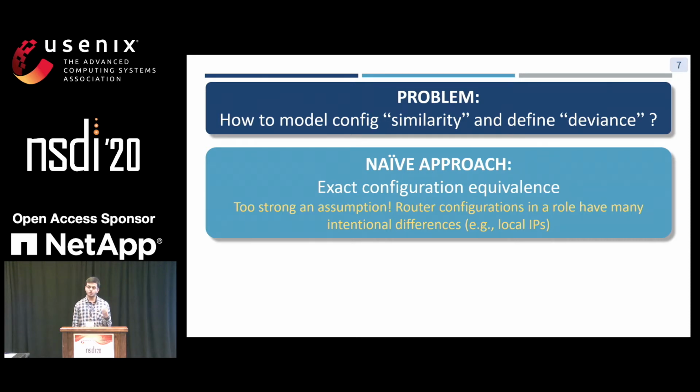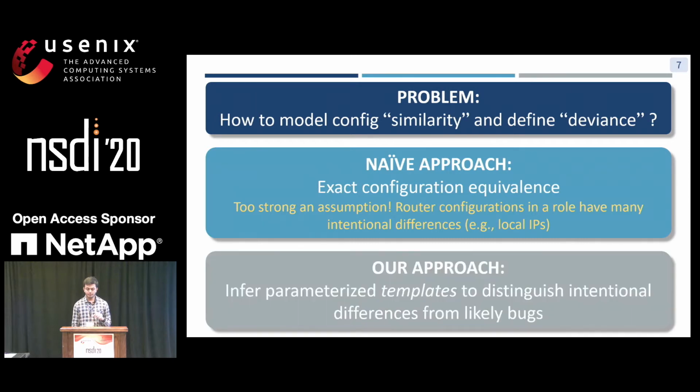That is, if we group the access control list configs using exact configuration equivalence, we might very likely end up with each router in its own group, and it's not useful for outlier detection. This is because even though the ACLs have a lot of structural similarity, they have slight variations from router to router to account for intentional differences, let's say for local IPs.